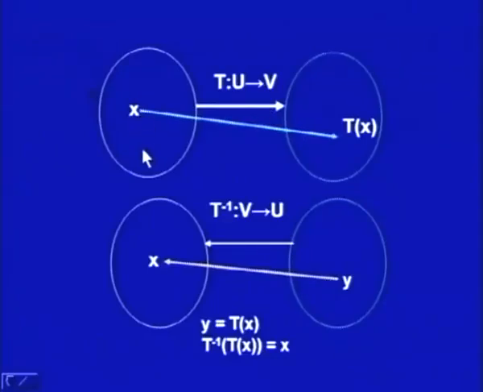If there are two different elements here, then they will map to one element here, and then this mapping has to be onto, because we have to take the same element y back to x. So, that is how we have the result, which says that invertible, non-singular and onto are equivalent.